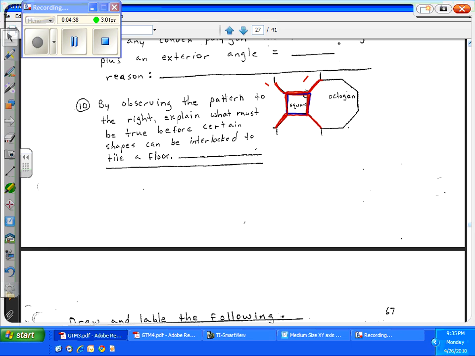What you might want to think about is an interior angle of one and the other, and an exterior angle.